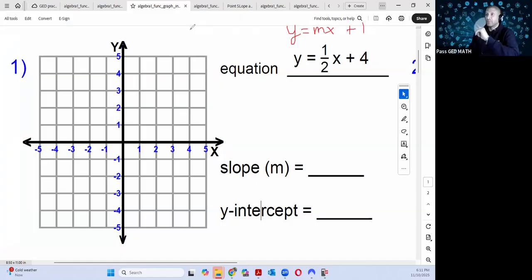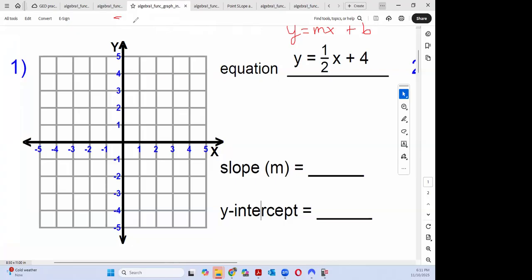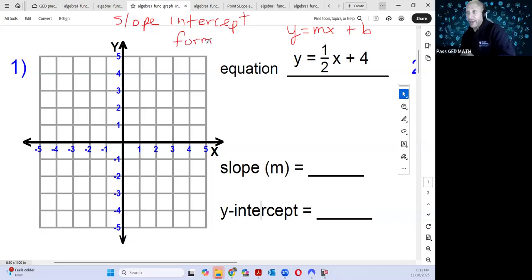What is that called? You have to know that. So y equals mx plus b, when presented that way, is called slope-intercept form.